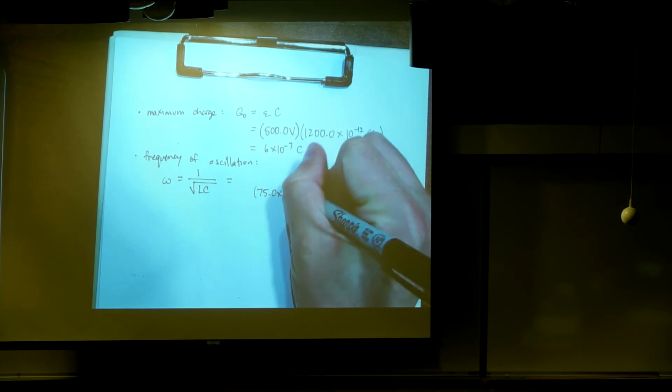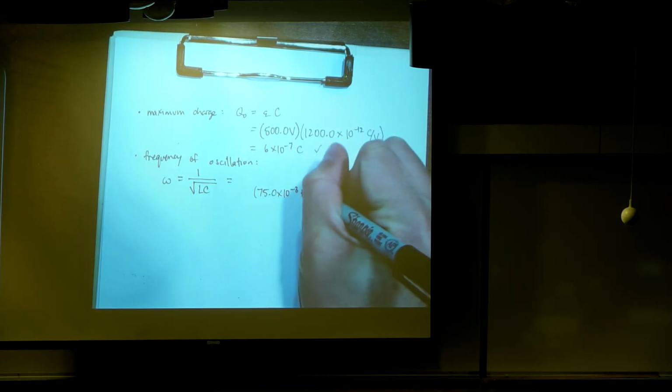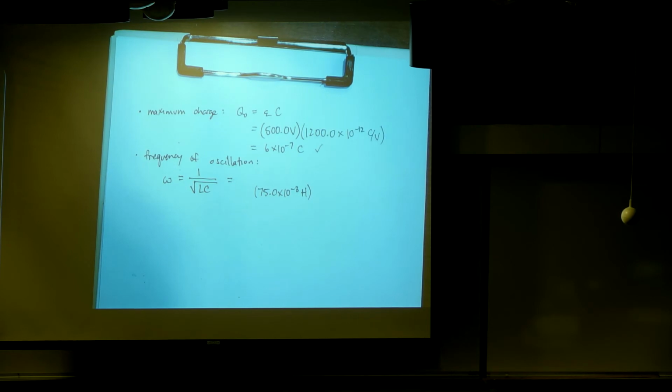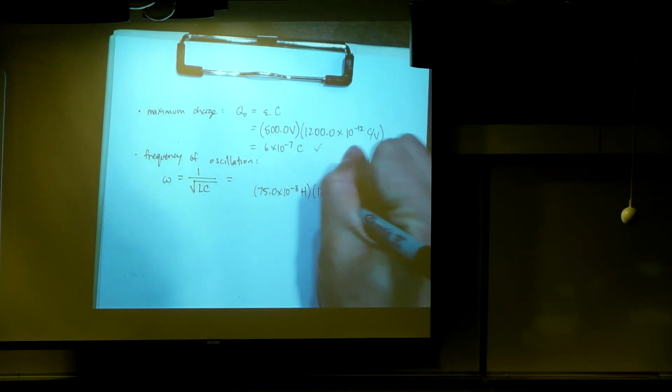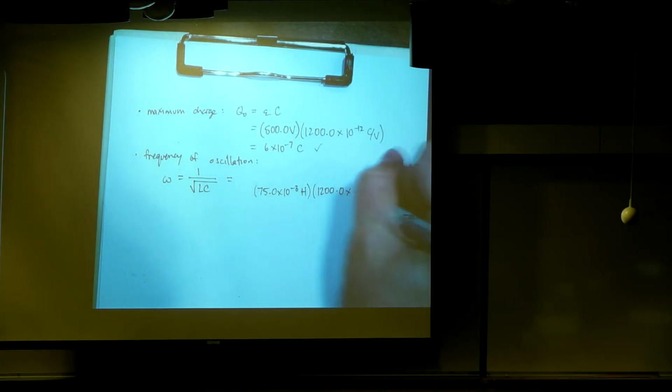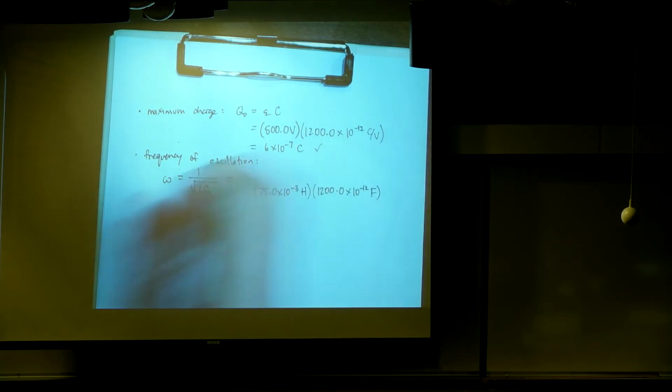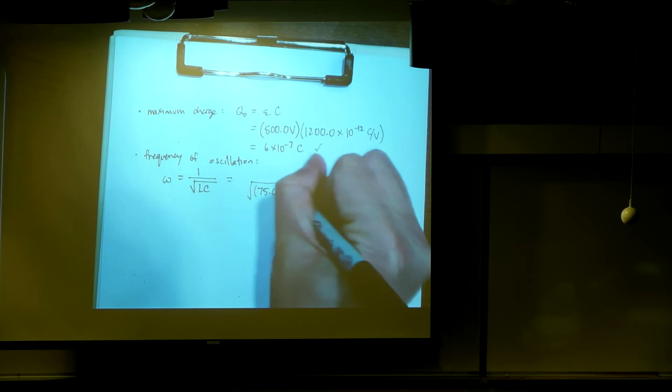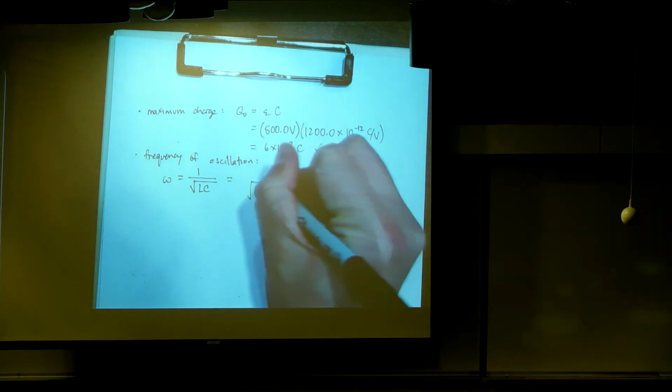So that's 75 times 10 to the minus 3 henries. For the capacitor, again, we had 1200 picofarads, or 1200 times 10 to the minus 12 farads. Then we take the square root of that, and then we take the inverse of that.